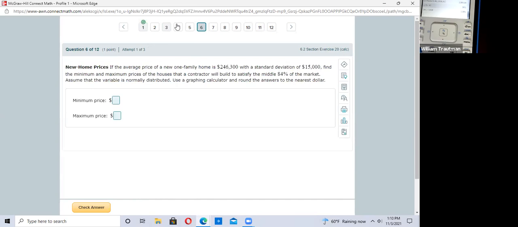So here's our word problem. Once again, I like to draw the normal curve. The average is 24,600 and the standard deviation is 15,000. This talks about prices of homes.